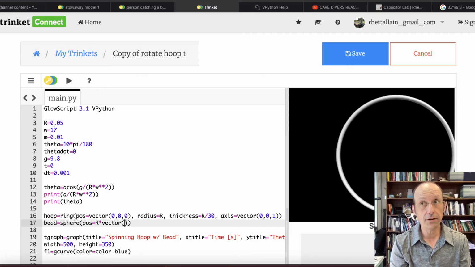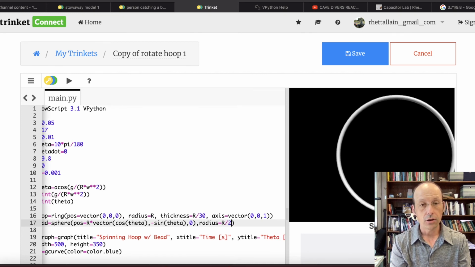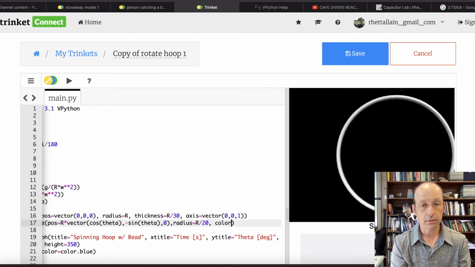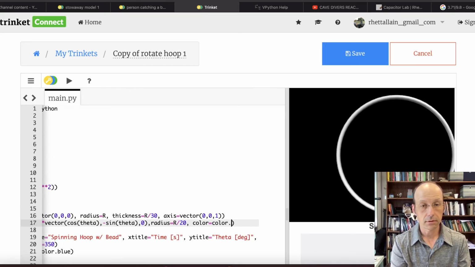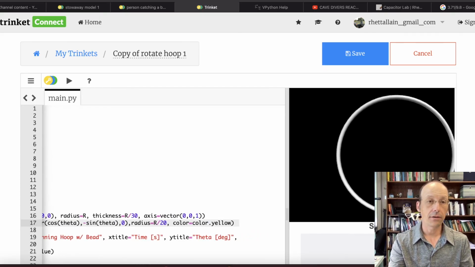Okay, so theta. So I have r times vector cosine theta, which I already calculated, then negative sine theta, and then 0 in the z direction at this instant. And then the radius is going to have to be bigger than the thickness. So let's say r divided by 20, and let's make it yellow. And let's run it. There, okay.